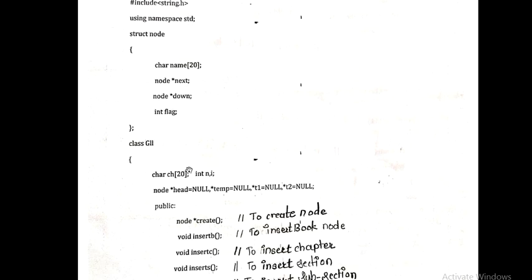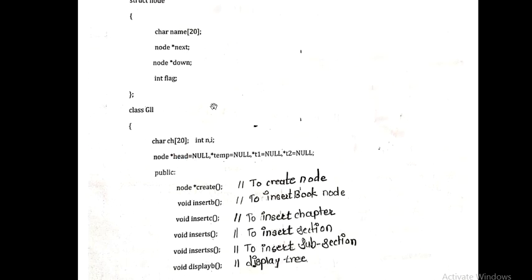To understand whether any subsection is created under that section, or a section under that chapter, we use the flag variable. It will have the value 1 or 0, and that's why we have taken it as an integer flag. So this is the structure node that we have defined here. Again we have defined one class.